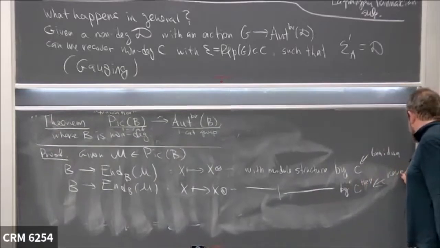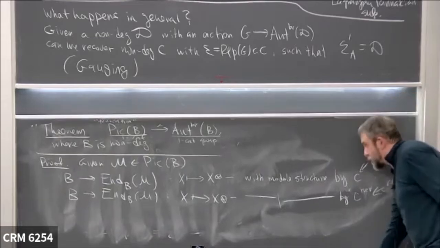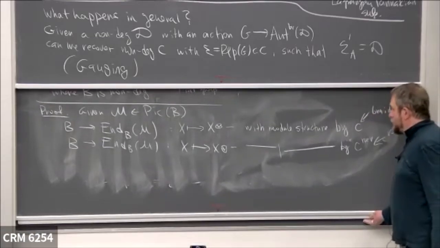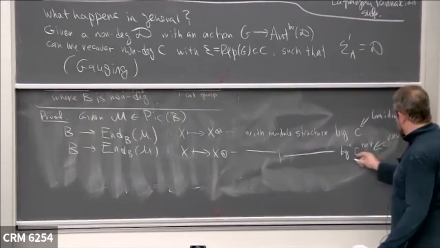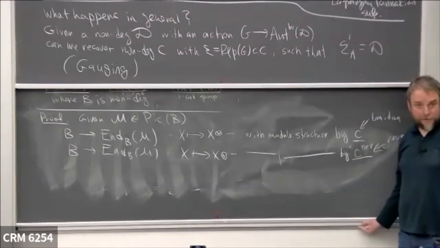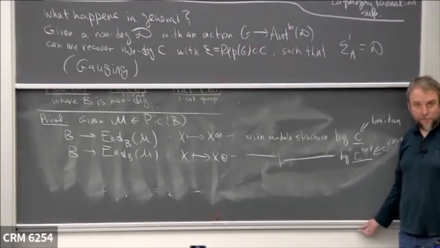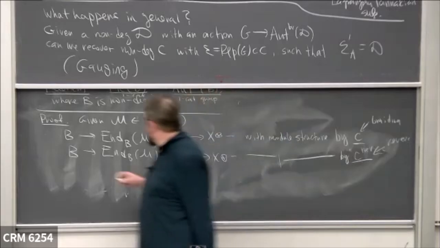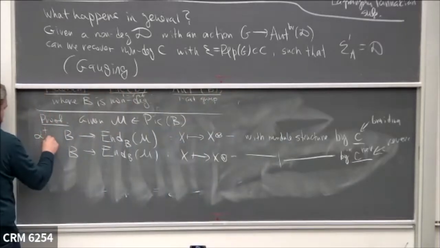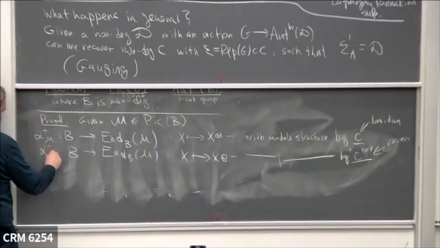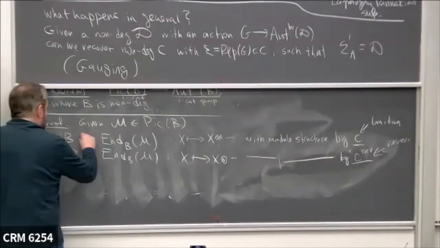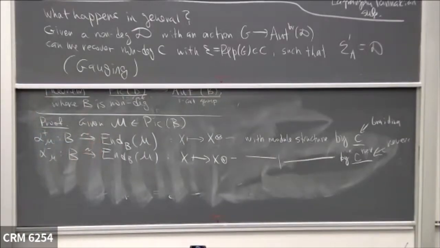If your category is non-degenerate, then the braiding and its reverse are quite different, because it's very far from being symmetric. So I call this alpha plus M, and this alpha minus M. Both are equivalences, thanks to M being invertible.